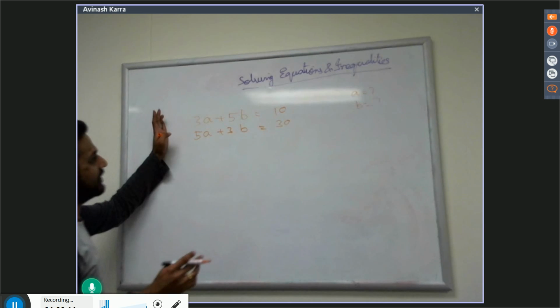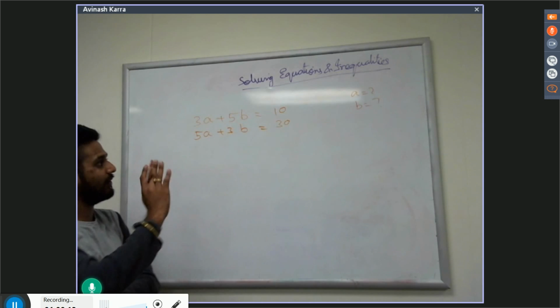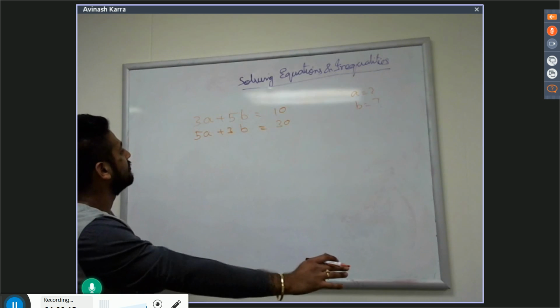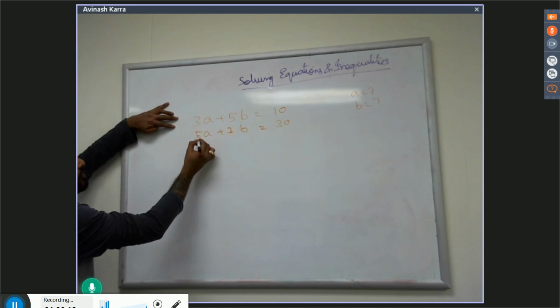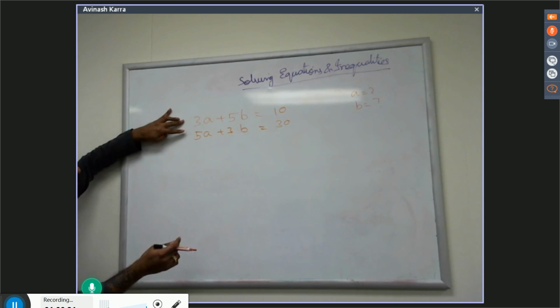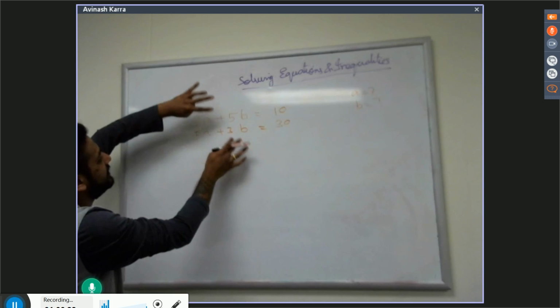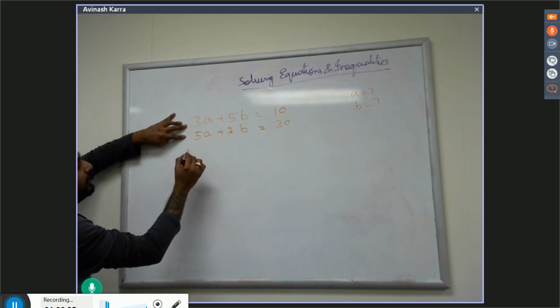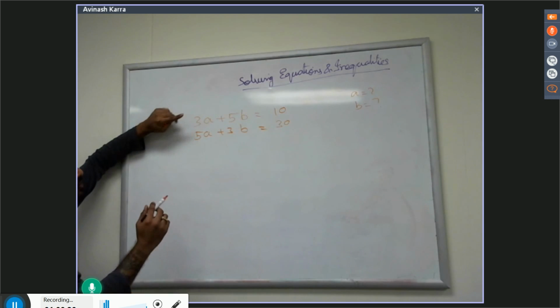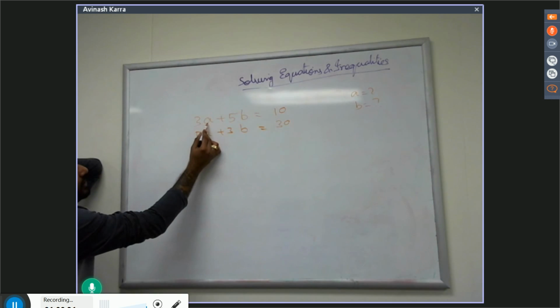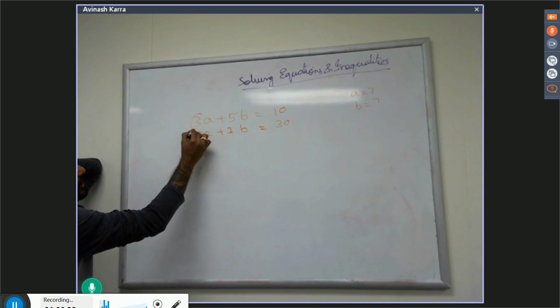Whenever you have an expression like this, first, either you make the values of a the same, or else b the same. To make you understand, what is the coefficient of a? 3, right?